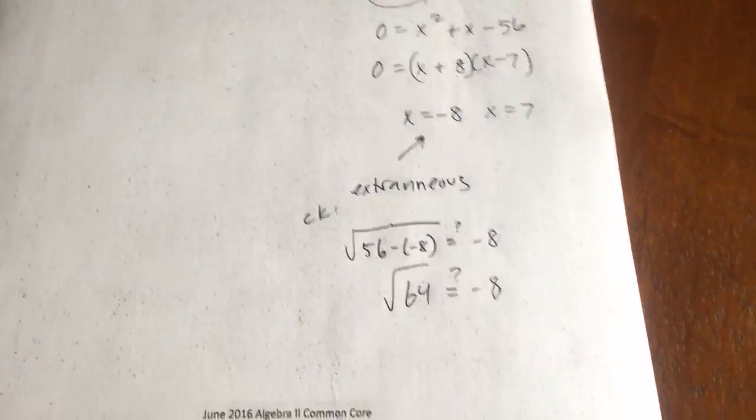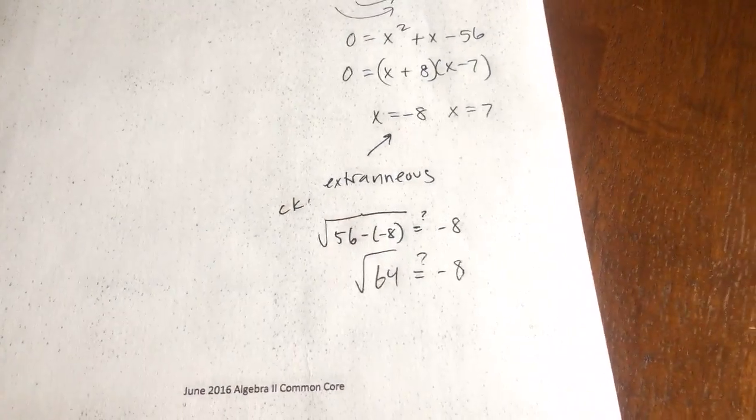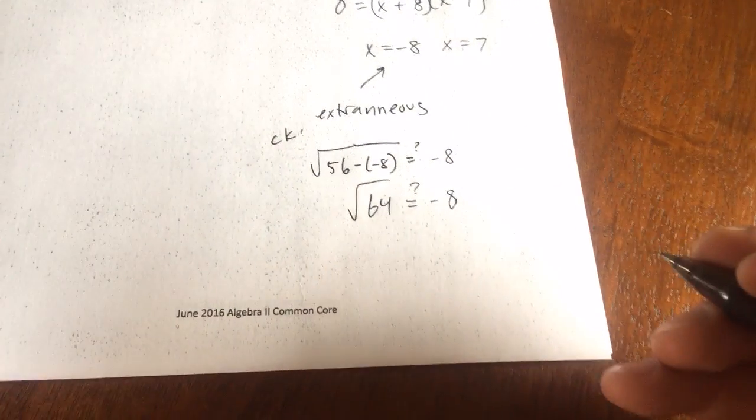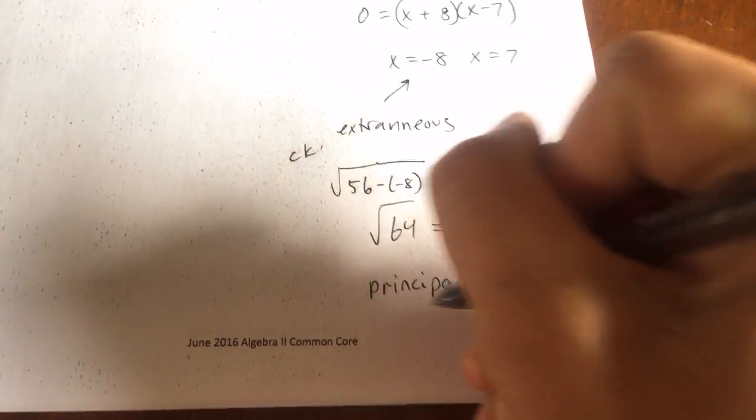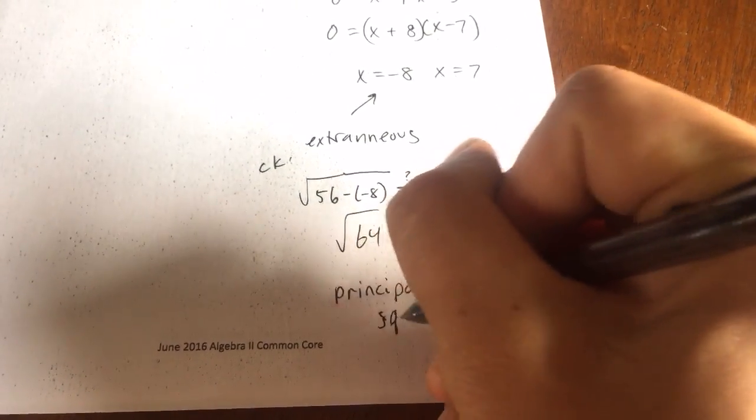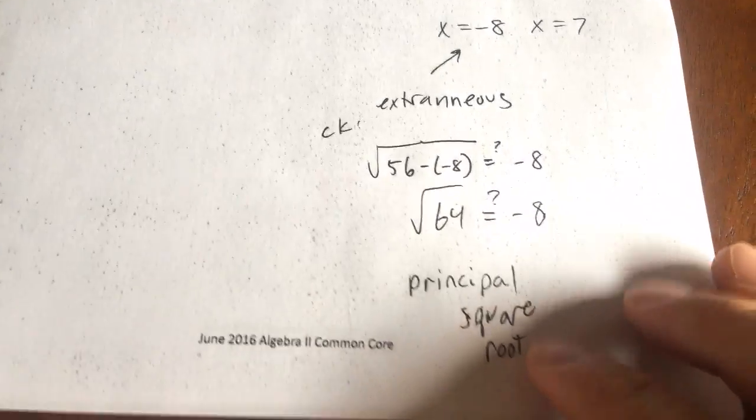Okay, theoretically it is, because negative 8 times negative 8. I believe in these situations they're only looking for the principal square root, and that basically means the positive one. Okay, so be sure to check with your teachers on that.